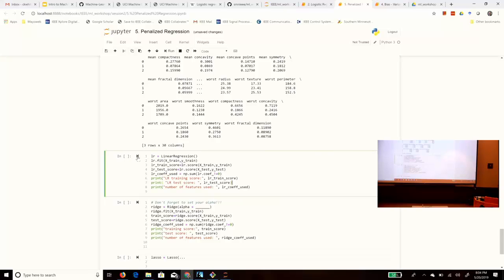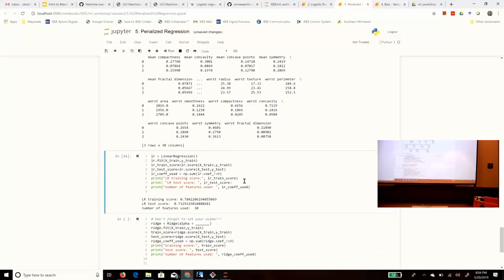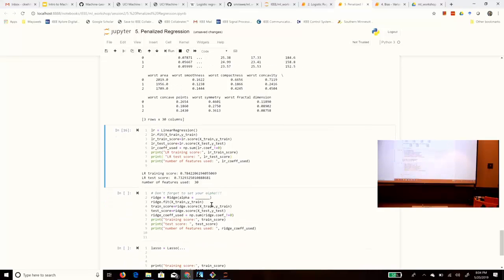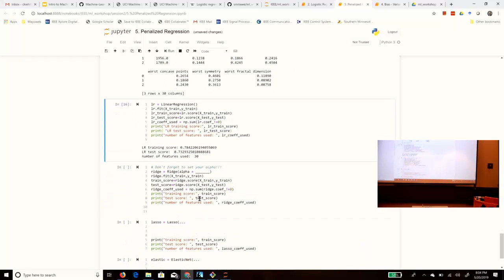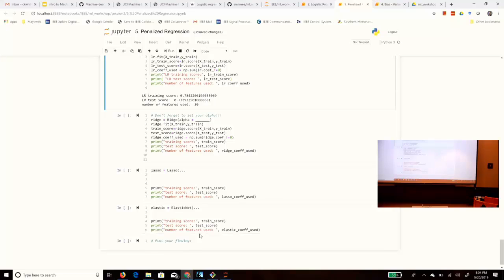We already know that. That's something that should be second nature. If I run linear regression, I use all 30 features. On my training data set, I get 78% correct value, and on my test data set, it's about 73%. Now we have ridge, lasso, and elastic net. All right, and then plot your findings.